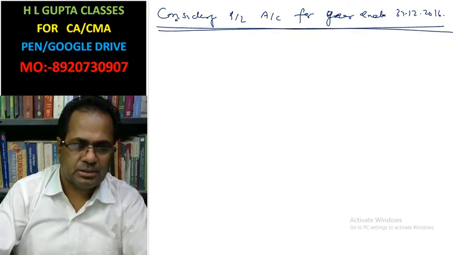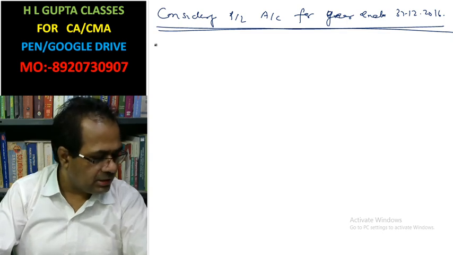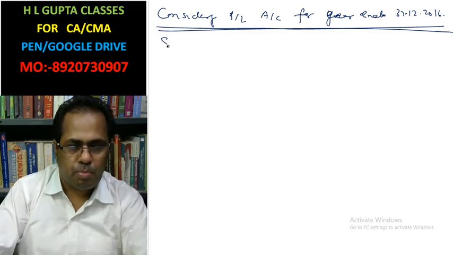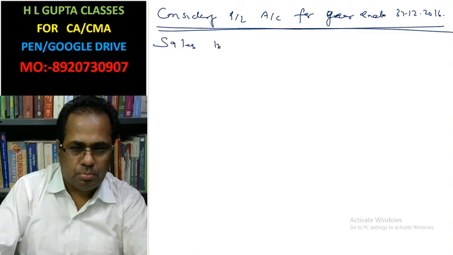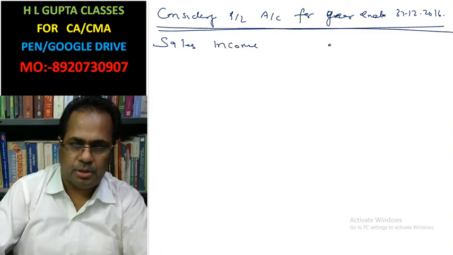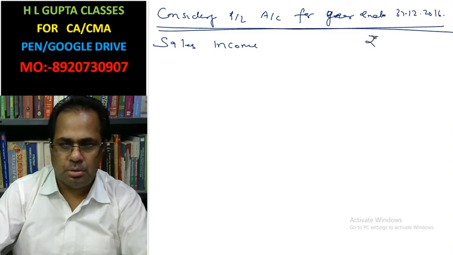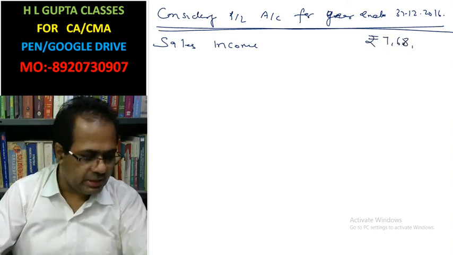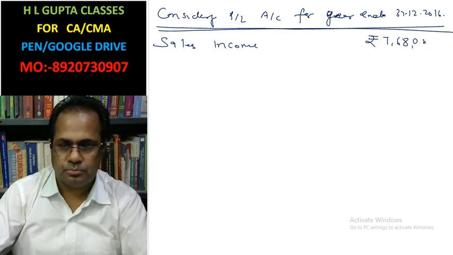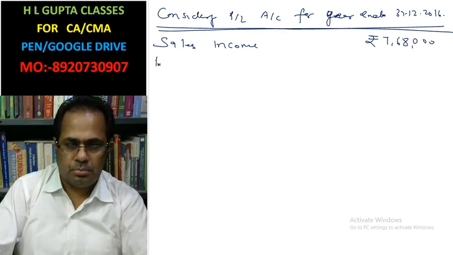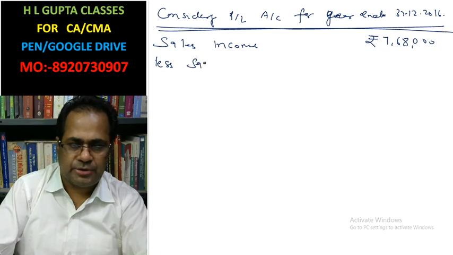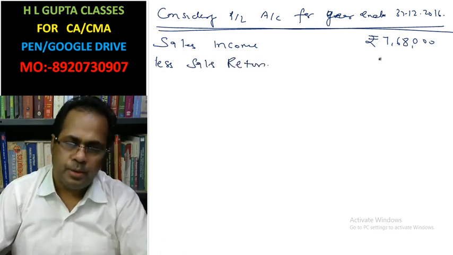In this case, sales income is rupees 7,68,000. Sales return 14,000.